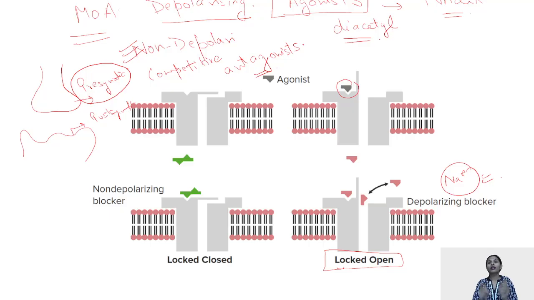I repeat, this difference is very important to understand. Depolarizing muscle relaxants are non-competitive agonists. They act on the receptor, leading to normal depolarization, which is sustained. No repolarization happens, and eventually flaccid paralysis is seen. Whereas the non-depolarizing muscle relaxants are competitive antagonists.